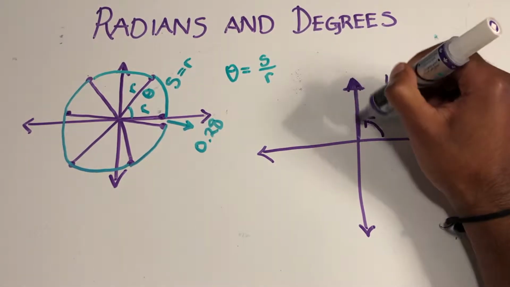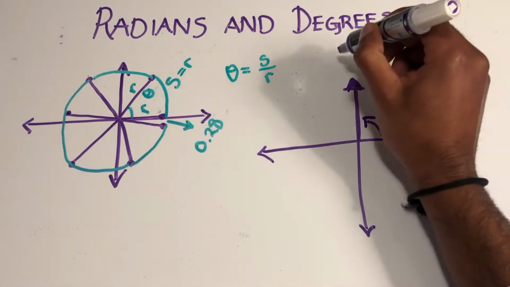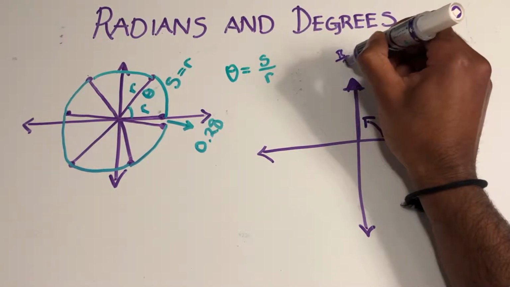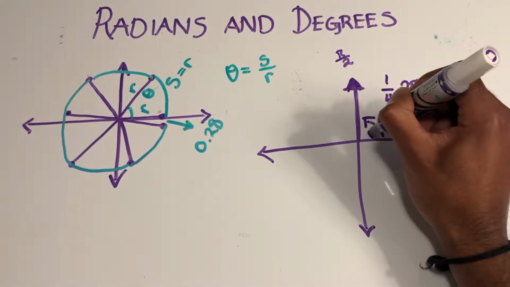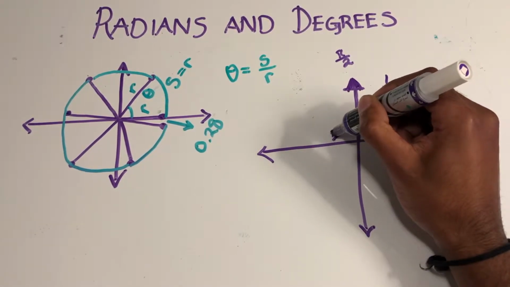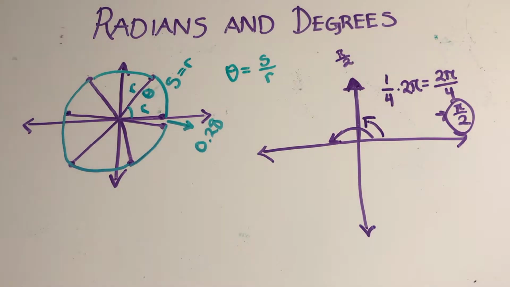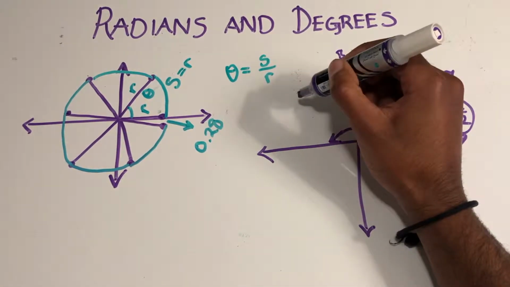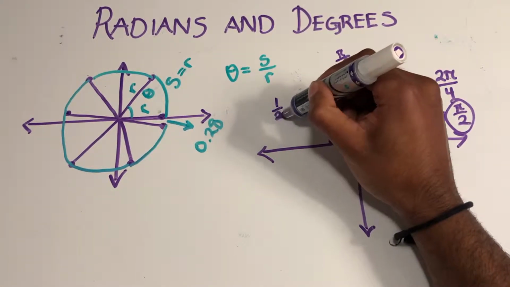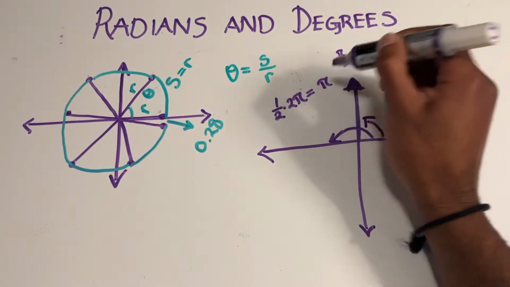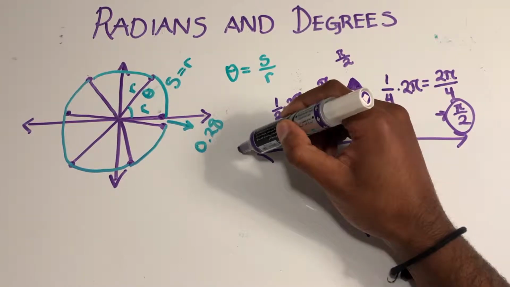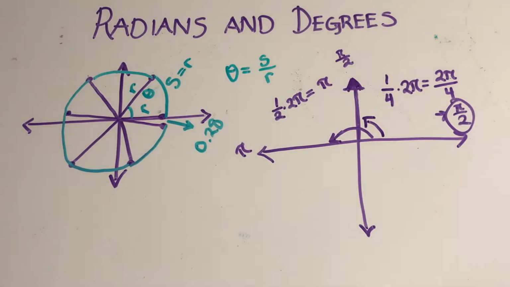So this positive side of the y-axis is pi over 2 on a graph. If we were to go half the way of a full circle, a semicircle, we could multiply half times 2 pi. That's just going to give us pi. And pi actually lies on the negative side of the x-axis.